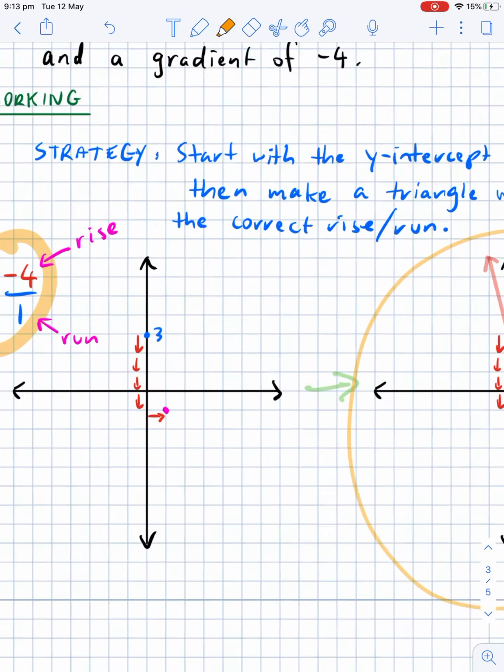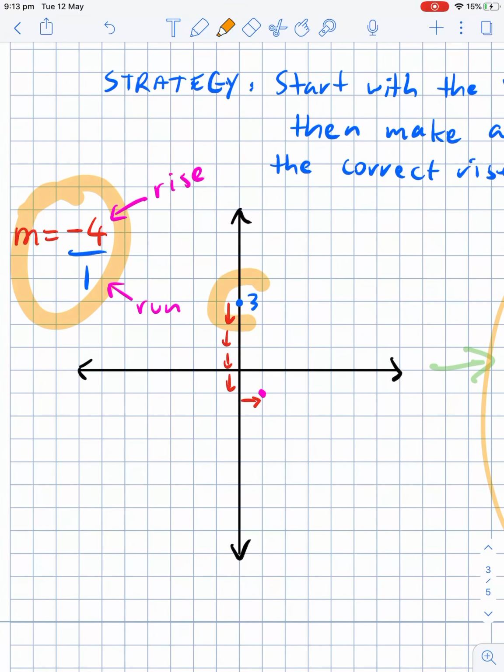First up, notice how I've started with the point on my y-axis, the y-intercept of 3. I know it has to go through this point right here. And I also know that my rise and run has to be -4 over 1. The gradient was -4, but we need a fraction for rise and run, so I just change my -4 to a fraction. I make it -4 over 1.